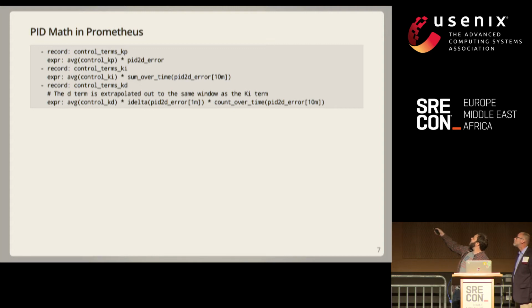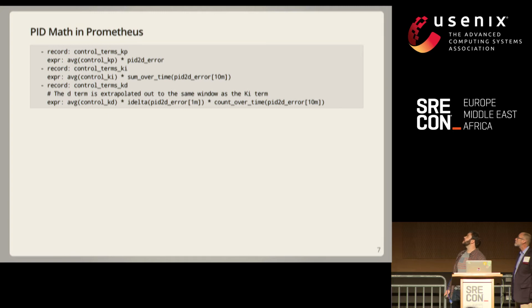For the I component, we use the sum over time of our error. We don't use the sum of all time. You could. For our purposes, we're just using the sum over time of 10 minutes. In a real production system, that would probably be longer or shorter, depending on how fast your Prometheus iterates.